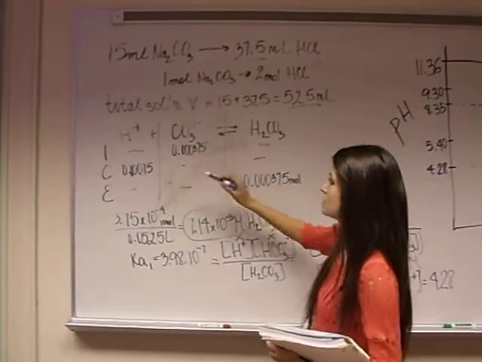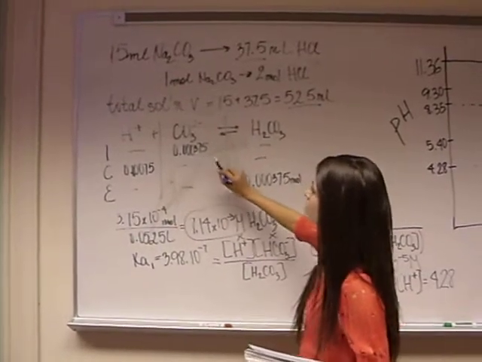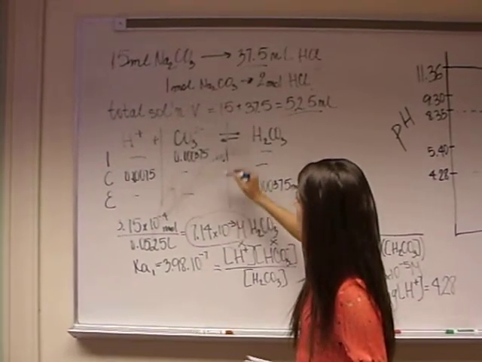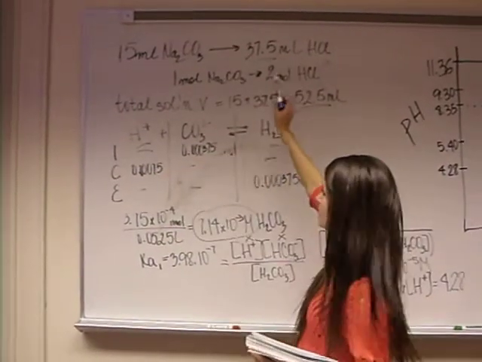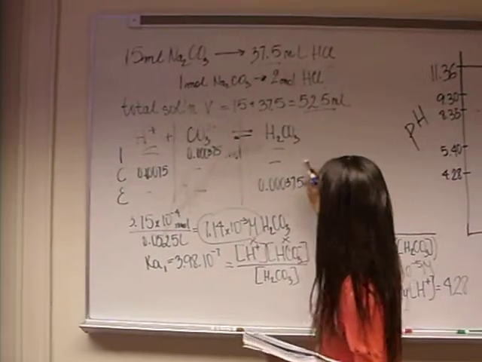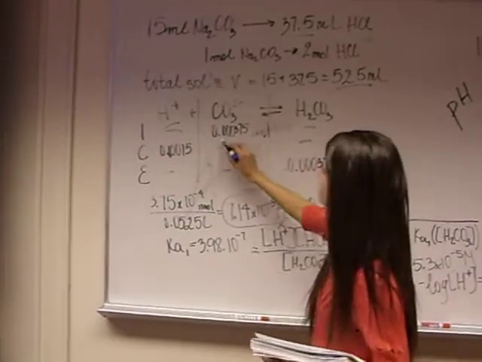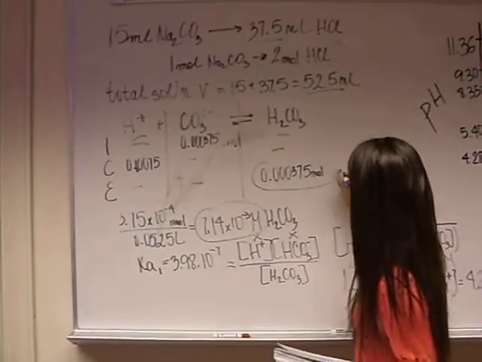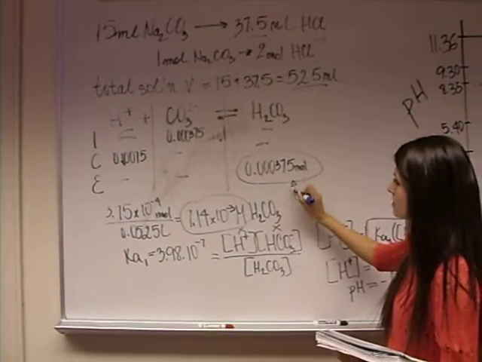And now I use the table with the initial concentrations and the final by using the moles of the hydrogen ion from the hydrochloric acid and the carbonate ion from the sodium carbonate. And then using all these, the final moles of our product were these.